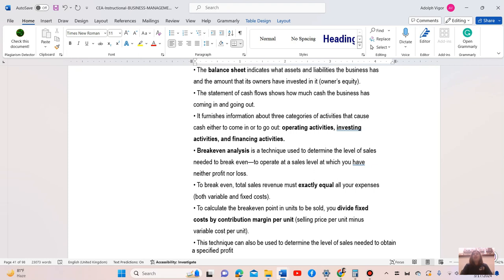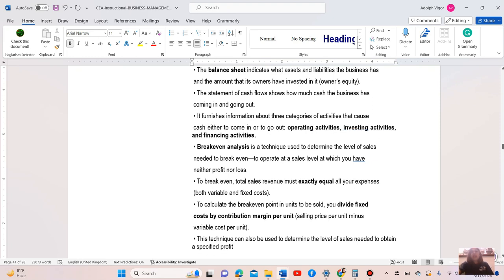And the statement of cash flow shows how much cash the business has coming in, and it furnishes information about three categories of activities that cause cash either to come in or go out: operating activities, investing activities, and financing activities.